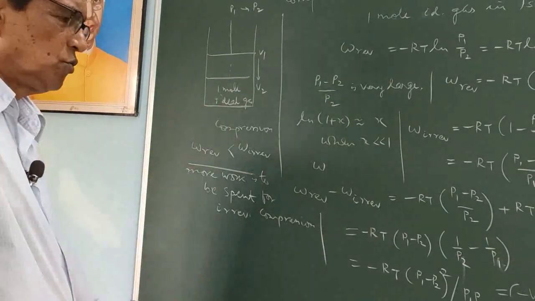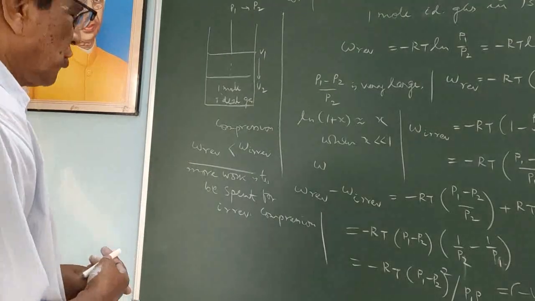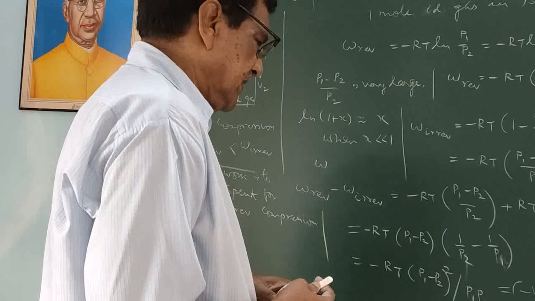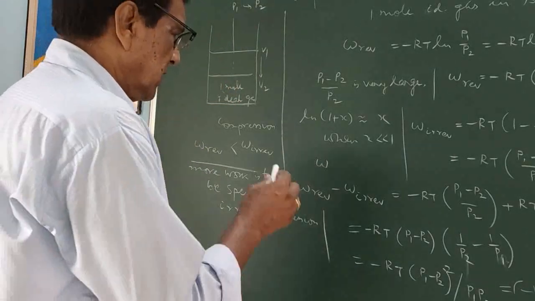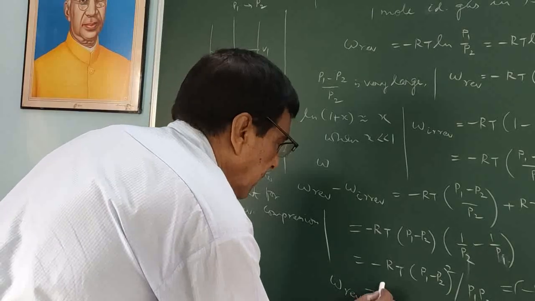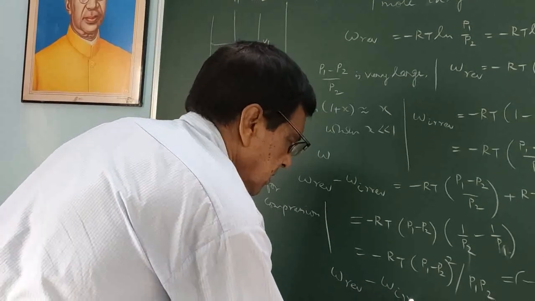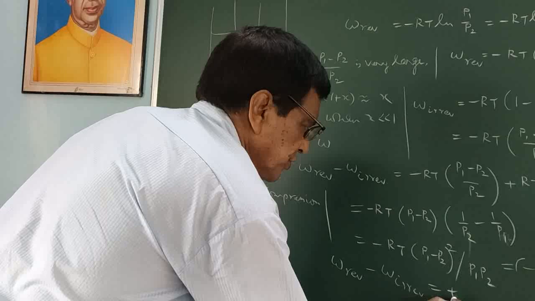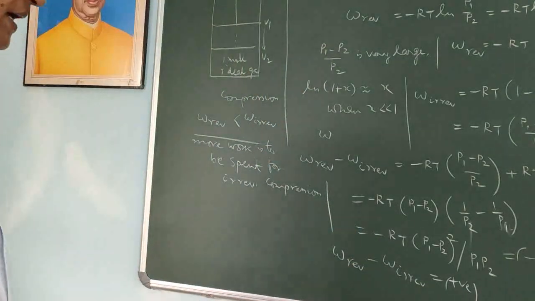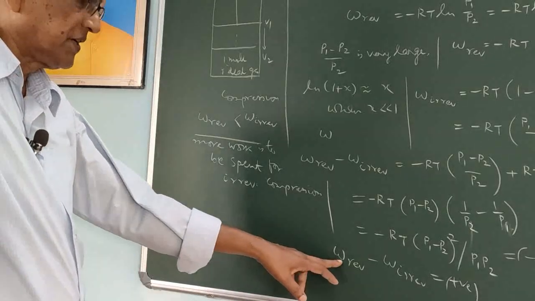But if we do this expansion process, then this work reversible minus work irreversible becomes positive, so a negative sign will be developed. And in that case, this one is greater than this one.